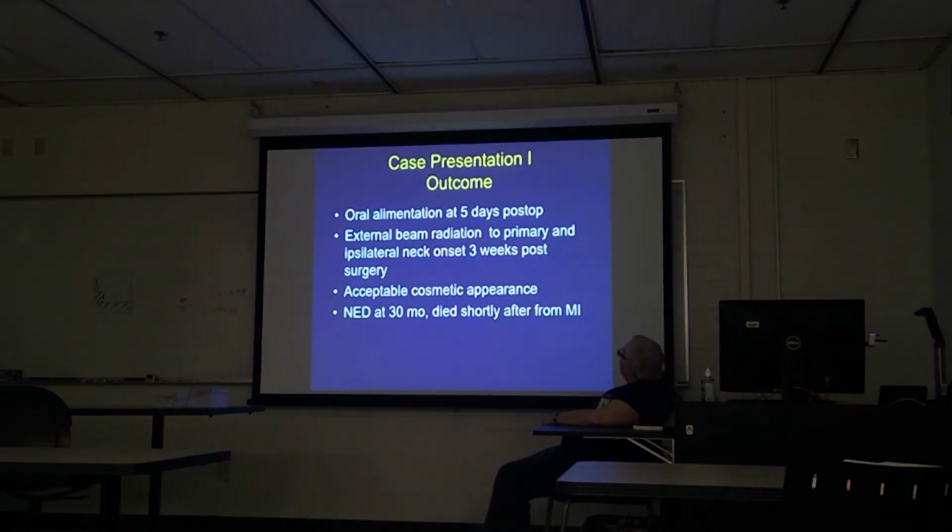Oral alimentation at 4 or 5 days post-op. External beam radiation to primary and ipsilateral neck onset 3 weeks post-surgery. Acceptable cosmetic appearance. Nothing at 30 months, but died shortly after from MI.